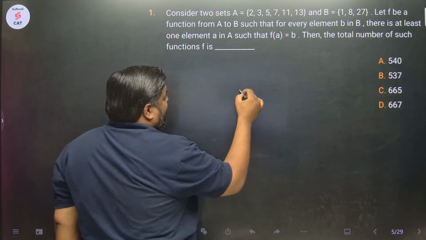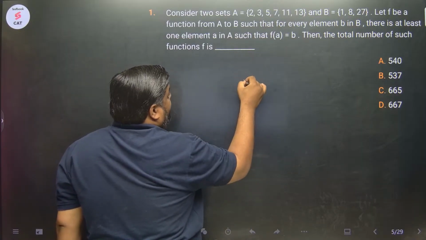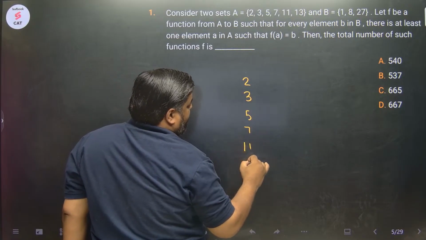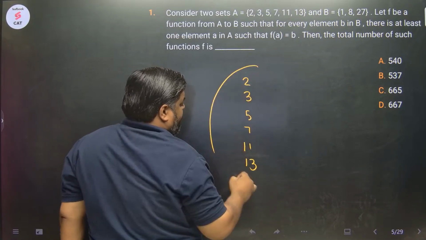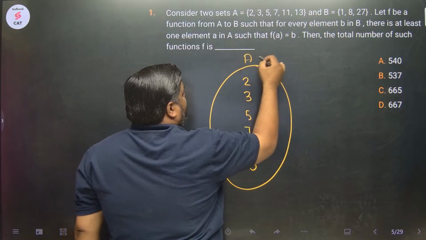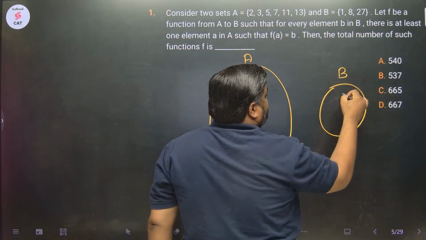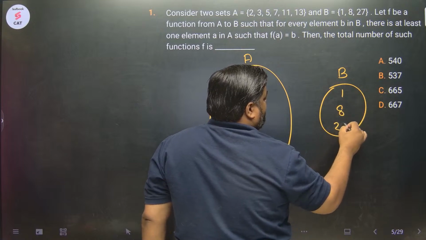So guys, what they are saying कि दो set है, let's say set A. Set A में you have 2, 3, 5, 7, 11 and 13. This is set A. And there is another set B, which has elements 1, 8 and 27.